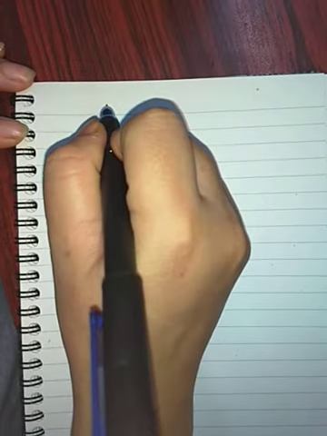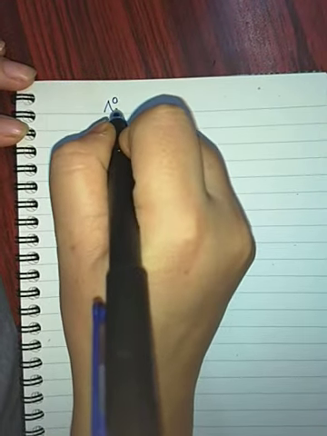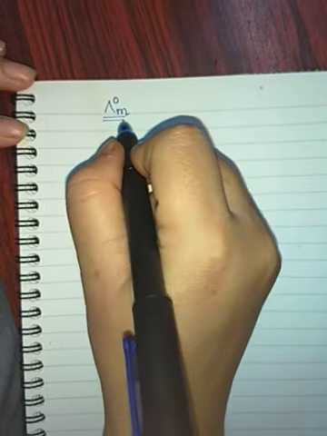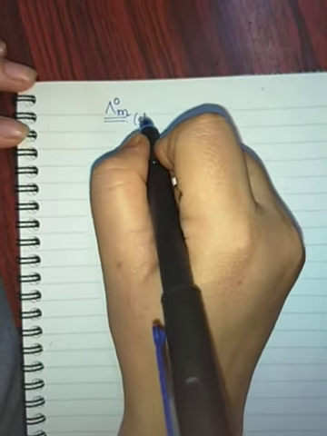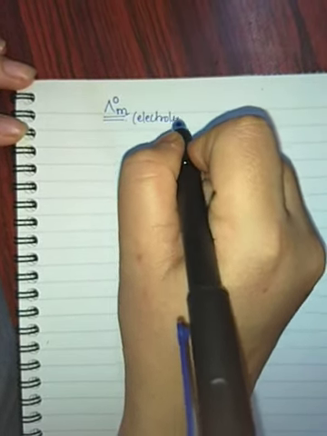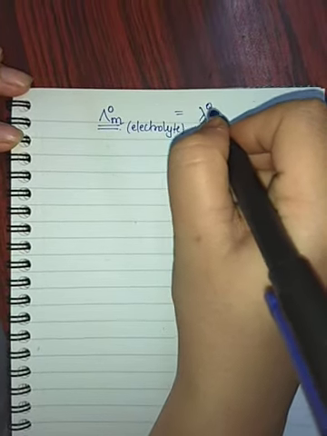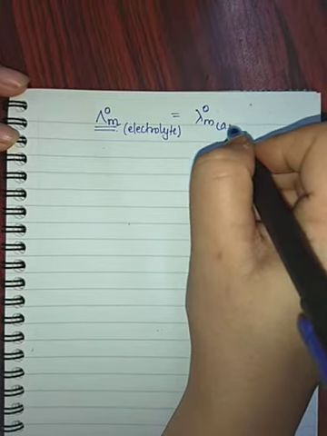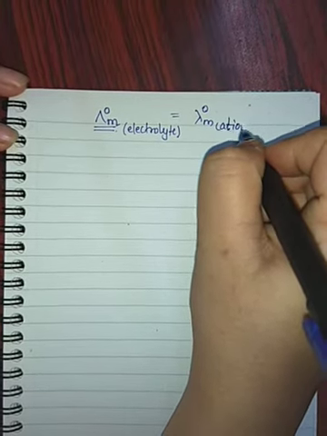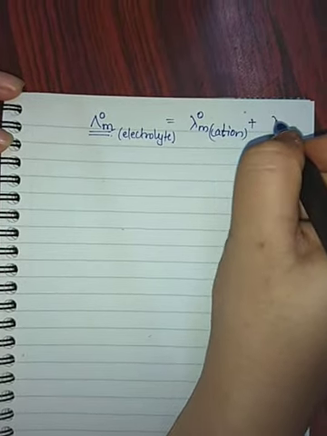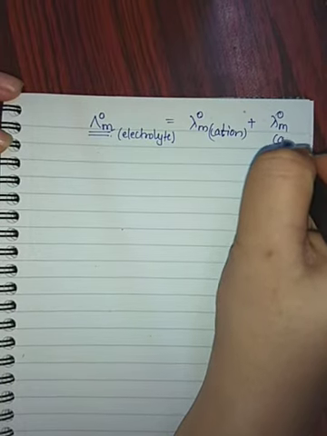Okay, so in the previous video we saw Kohlrausch law for weak electrolytes. Let me write down Kohlrausch law again. The total limiting molar conductivity of an electrolyte is the sum of the individual molar conductivities of the cation and anion.